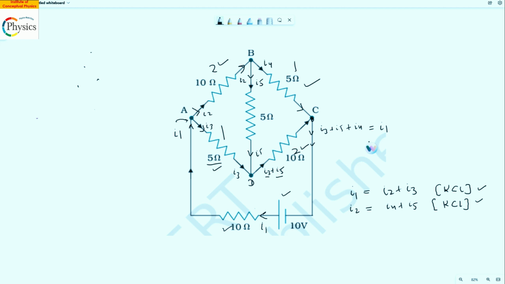So one more equation: at C, this current is entering, then these two are entering, and the outgoing current is I1. So I3 plus I4 plus I5 is equal to I1. This is one more Kirchhoff's current law. So you applied Kirchhoff's current law three times.